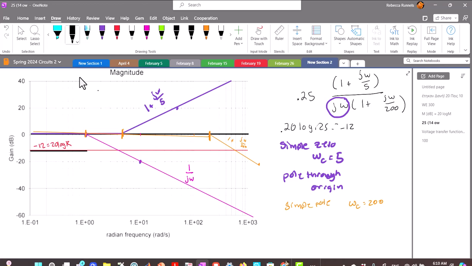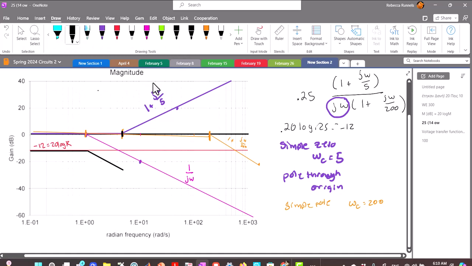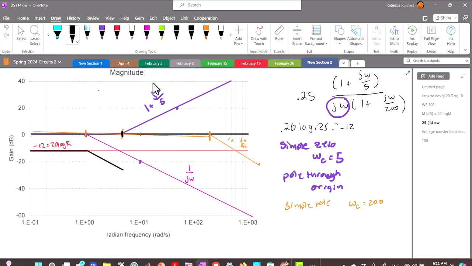And then we add a slope of negative 20. We have that slope of negative 20 until we get to this point, which I believe was 5. So it's going to be parallel to this line. Then when I get to this point, I'm adding a slope of positive 20, and so that's going to level out.